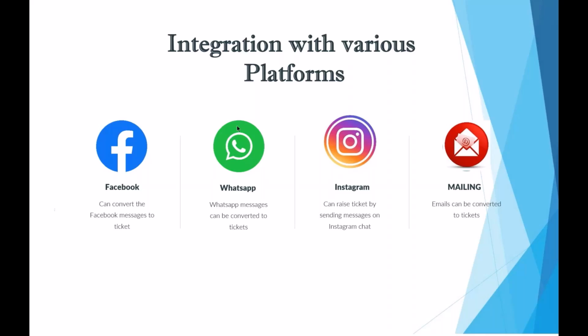Next topic, talking about the WhatsApp features. If we are integrating with WhatsApp, messages can be converted to tickets. So agents and clients are not restricted to using the web portal or the mobile application. Your client can even approach you on WhatsApp.